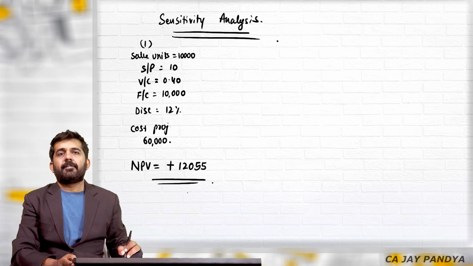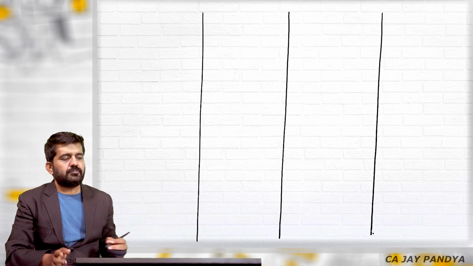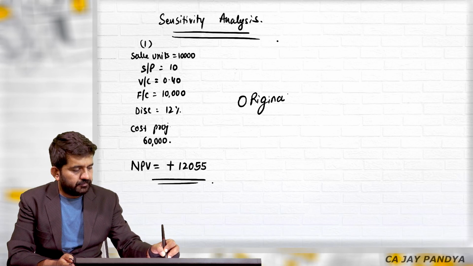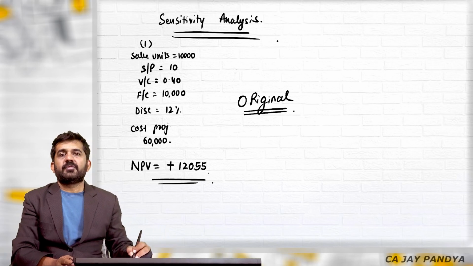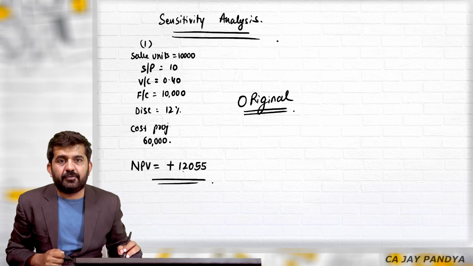12,055. Try to understand sensitivity analysis. What is the original situation? My NPV is plus 12,055.